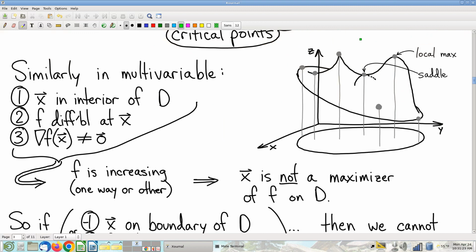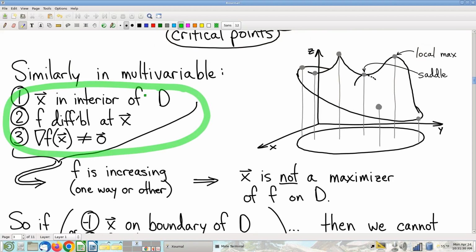Here's the big idea. Most of the time, these conditions are going to be satisfied. Let me document what they are, and I'm going to think in reference to this point right here. It's in the interior of my two-dimensional domain. The function is differentiable there.